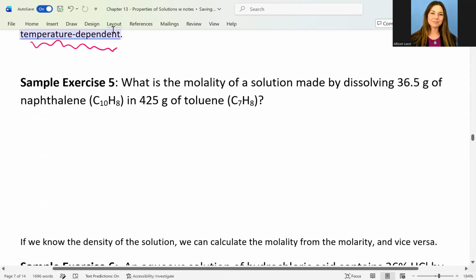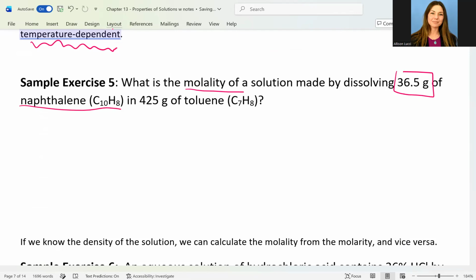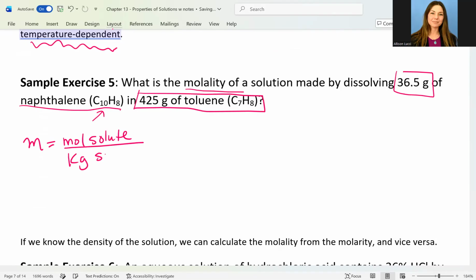So let's see if we can calculate molality of this solution here. We're told that we have 36.5 grams of naphthalene, and we're given the molecular formula for that. And then we have 425 grams of toluene. To determine molality, we know that we need moles of solute divided by kilograms of solvent. So we need to determine who's our solute, who's our solvent.